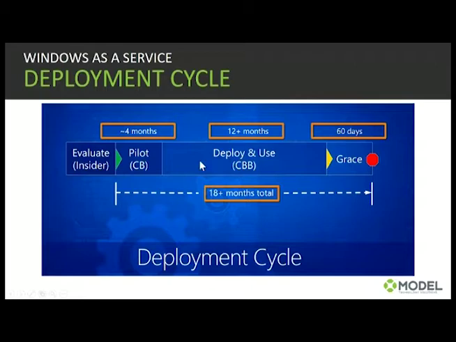Once it goes into current branch for business, you have about 18 months total, but about 12 months of current branch for business, to get it deployed to your users and have it operational for that period of time. Then you have about 2 months of a grace period before you stop getting updates, okay?